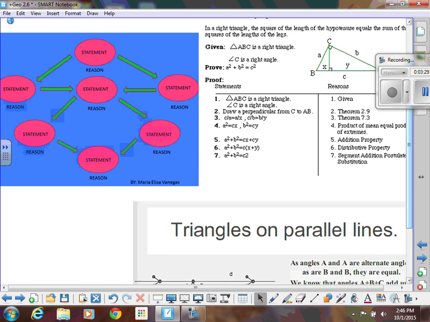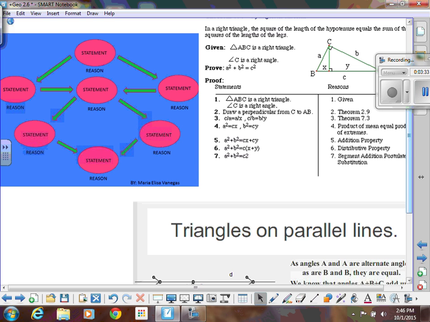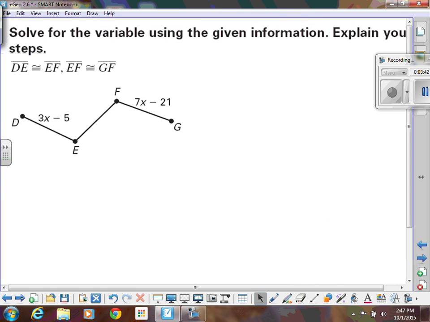You just explain your logic. And then there's going to be flow proofs. So a lot of these will have statements with reasons and arrows going to the order. So you just follow the arrows to follow the logic. So you have this example on your sheet. So we're going to do this one as a flow proof so you can see how that works.